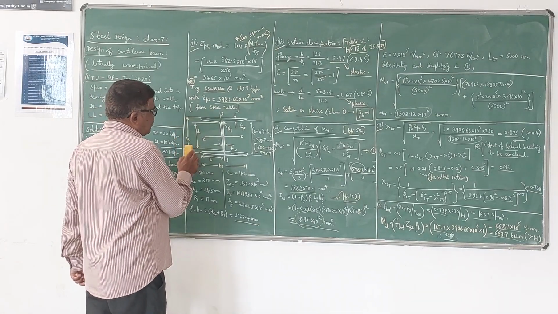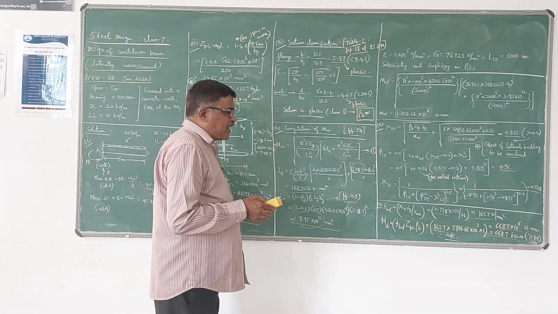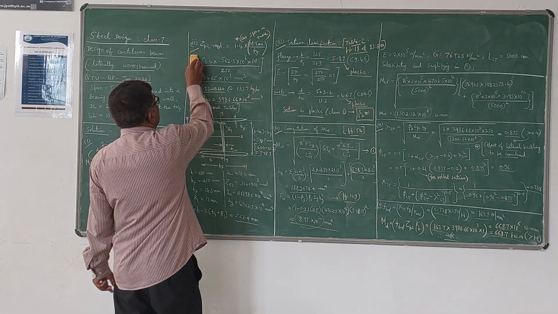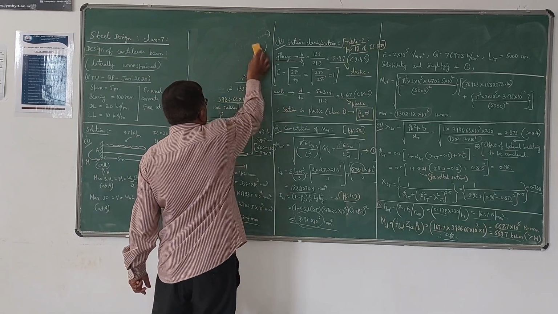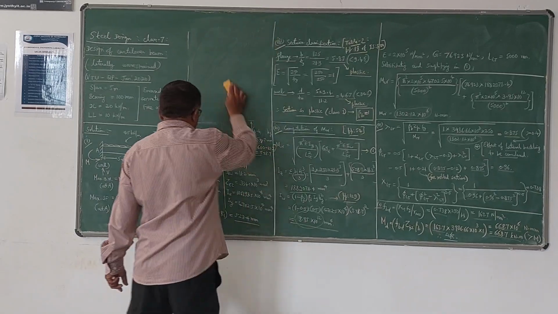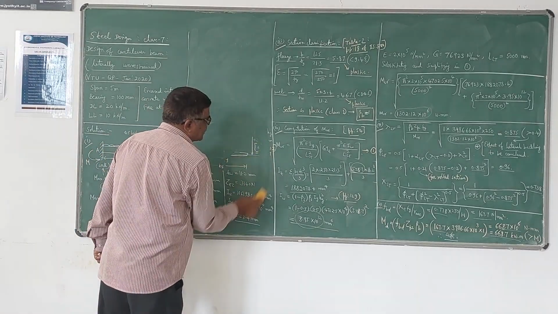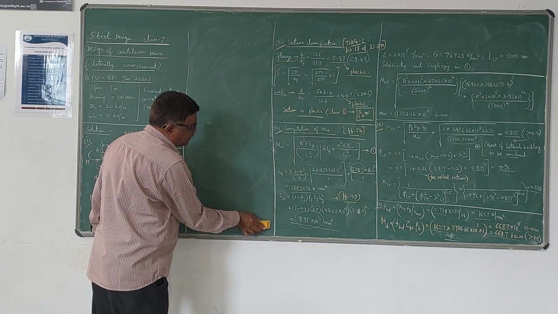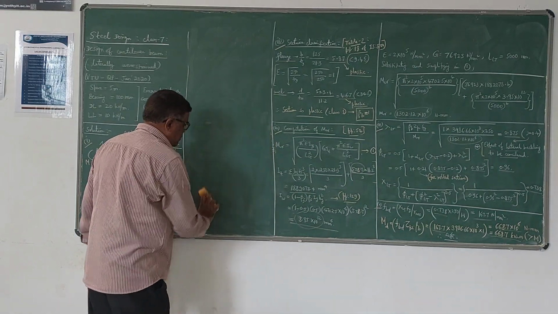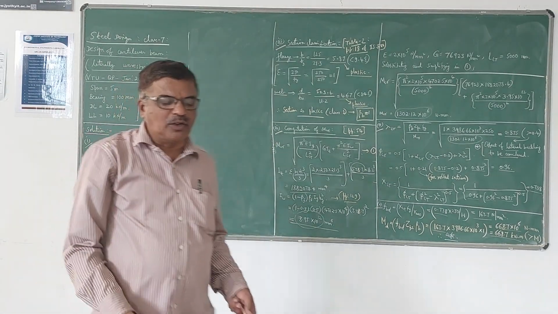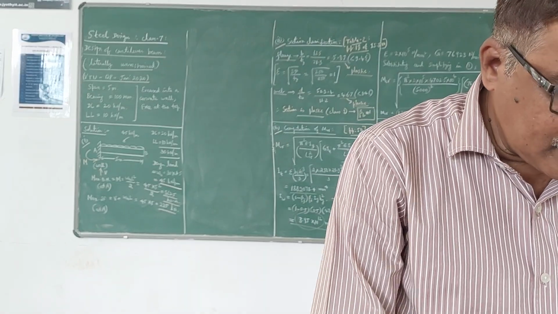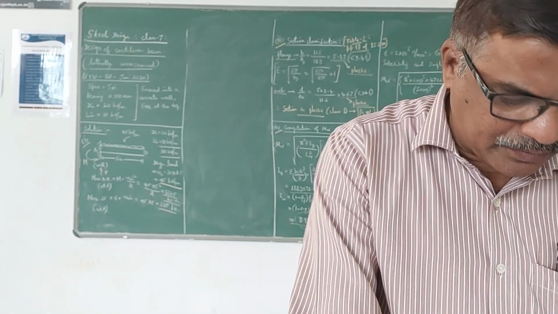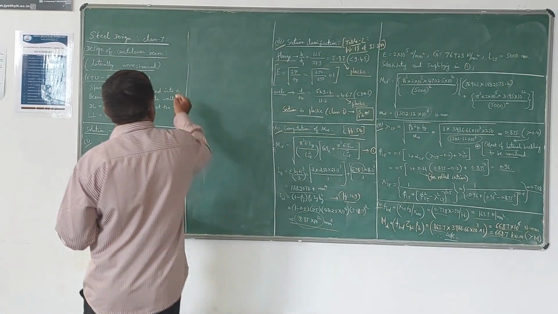Now you have to check whether it is safe against shear. And another thing is the MD value should be less than a certain ratio as per the code. So I will just write that. It is available on the same page, page 54. After calculating this MD value, you have to check whether the MD value is less than or equal to this.